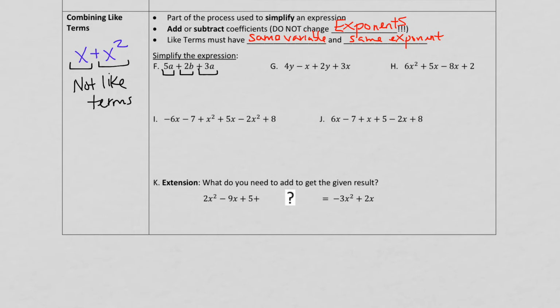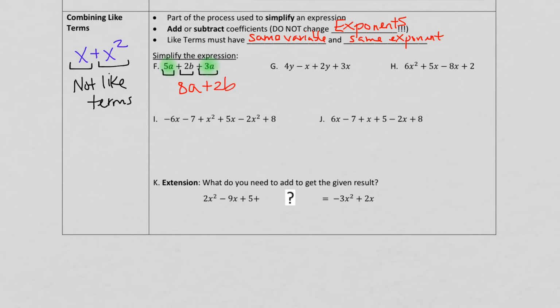If you look carefully, I'm going to have an a term and an a term. So 5a plus 3a are like terms. I can combine those into basically 5 plus 3 is going to be 8a. And then this 2b comes down to the right.